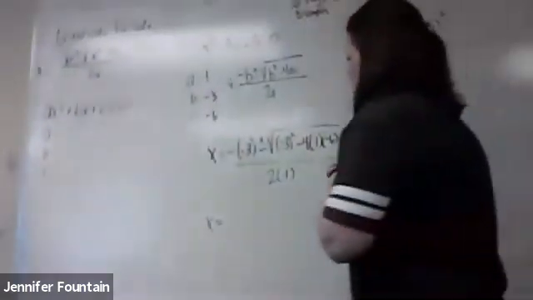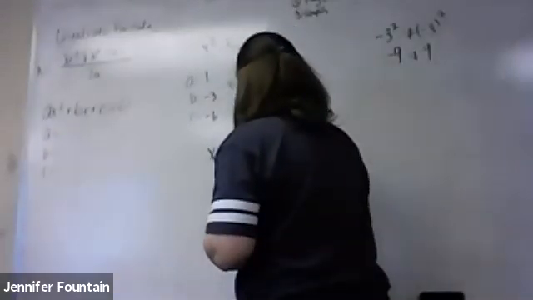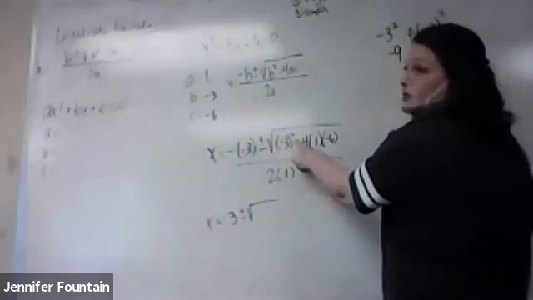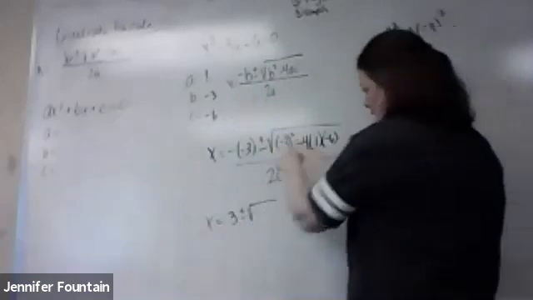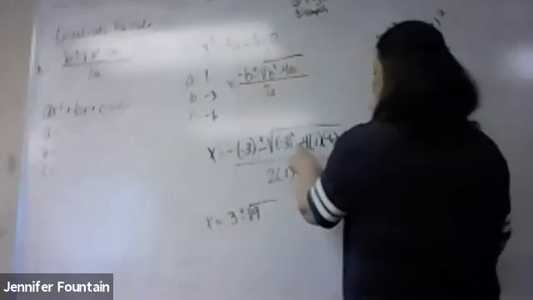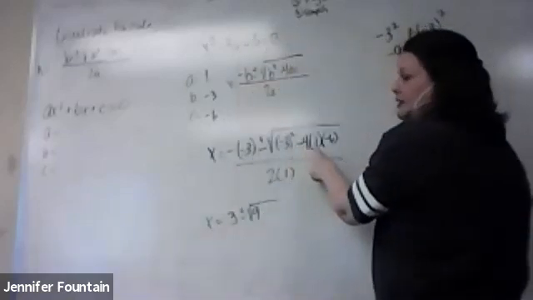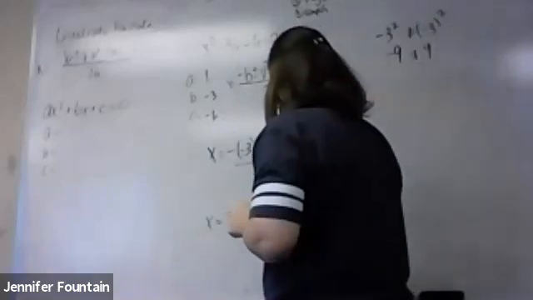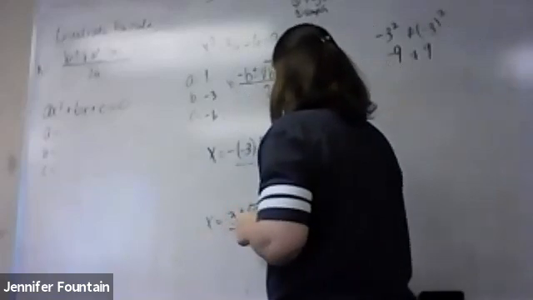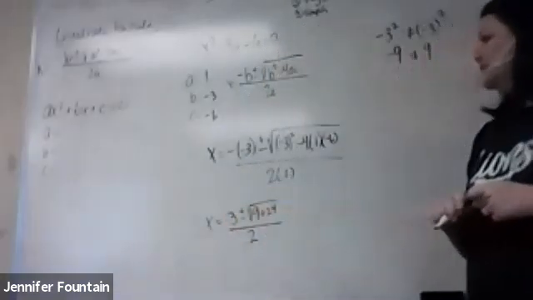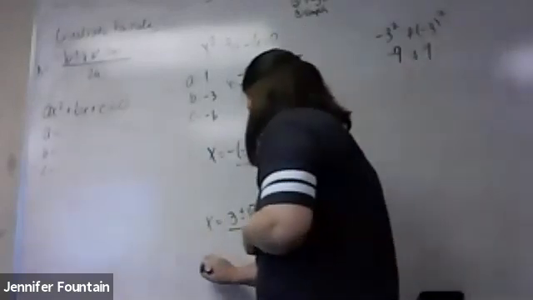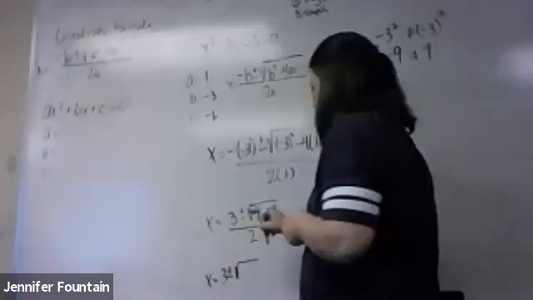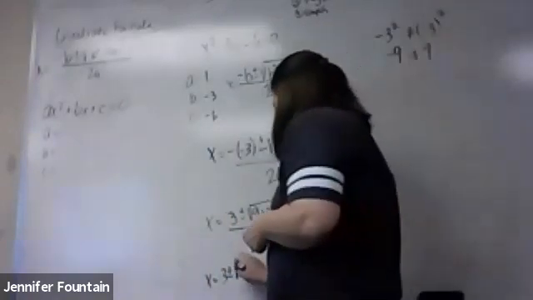So -3, we will make that a +3 plus or minus the square root of. -3 squared is 9. -4 times 1, -4 times -6 is positive 24, so we have plus 24 all over 2. What is 9 plus 24? 33.